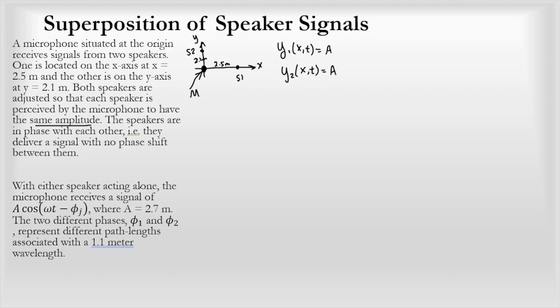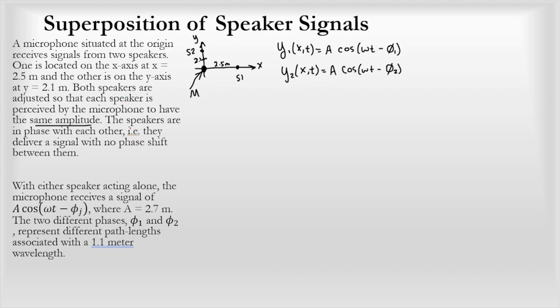And then continuing down here into the second paragraph, it says the rest of the equation, we're not going to consider the kx term. We're just going to go with the omega t term. So we're going to have a cosine of omega t minus phi 1 and a cosine of omega t minus phi 2. And you may be asking if they are originally in phase with each other, right?